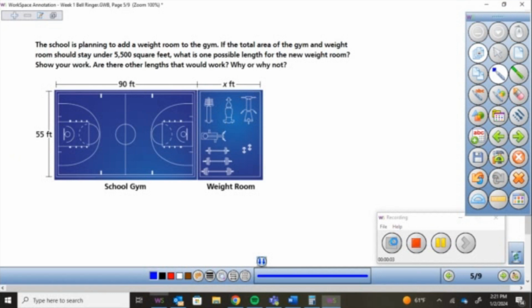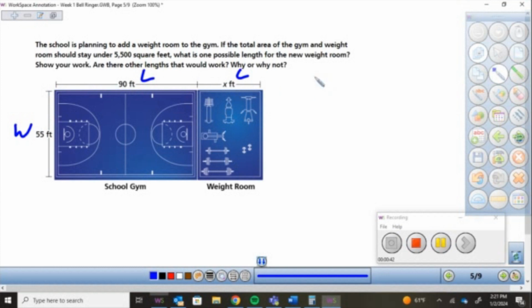Are there any other lengths that would work? Why or why not? So first we have to recognize that in order to get the total area, we would have to do length times width. This would be the width, and this would be two different lengths. The 90 feet we know for the basketball court, plus the other length for the weight room.